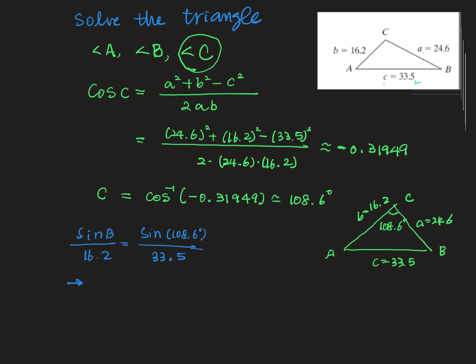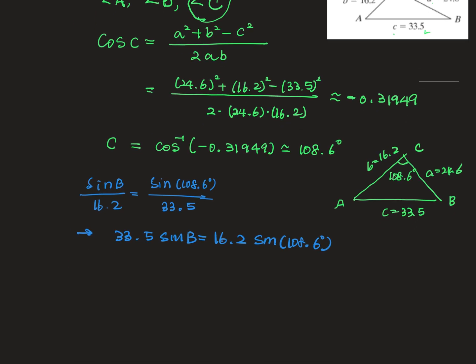Let's solve this one. 33.5 sine B equals 16.2 sine 108.6, so sine B equals 16.2 sine 108.6 over 33.5.